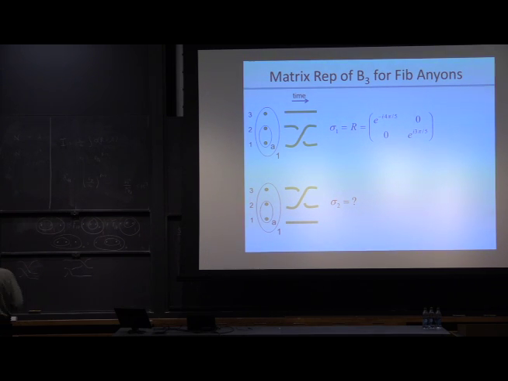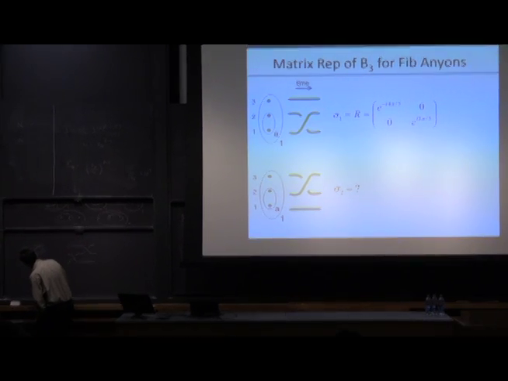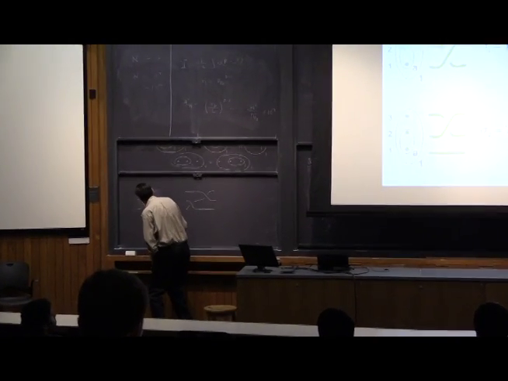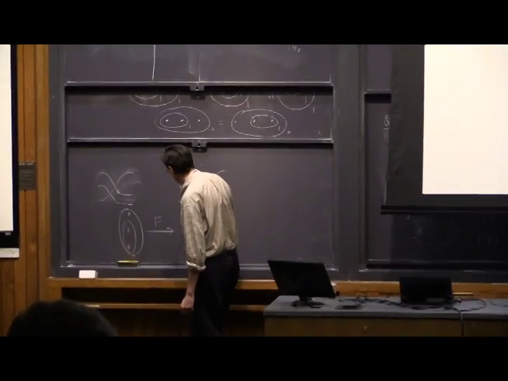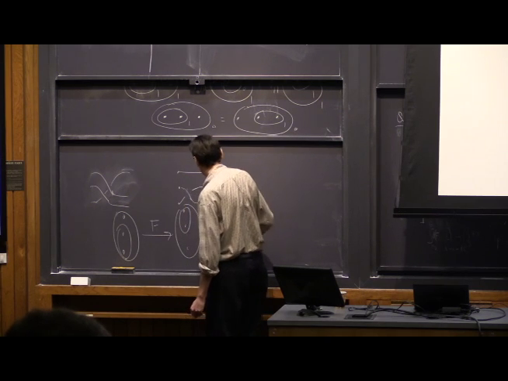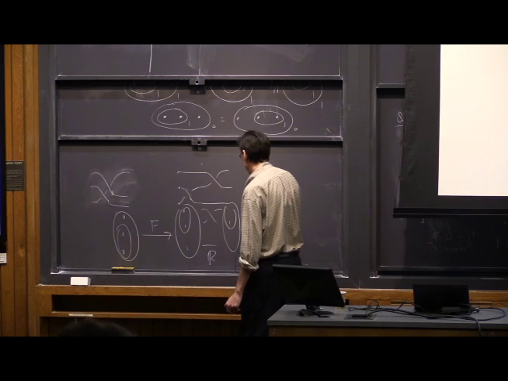I mean, we have all the tools we need. First, I'll apply F to change basis. Then I'll braid these particles. That'll be R. And then I can do F inverse.